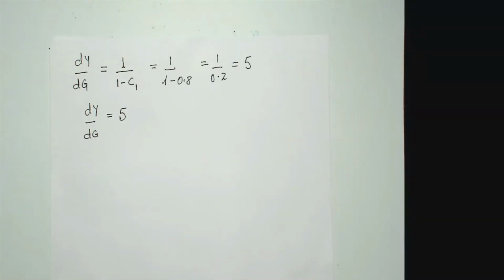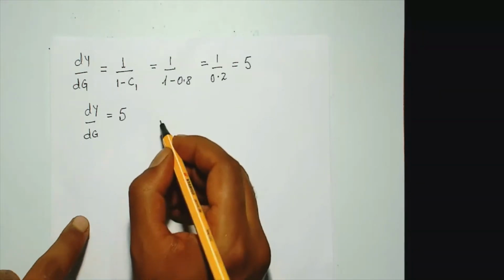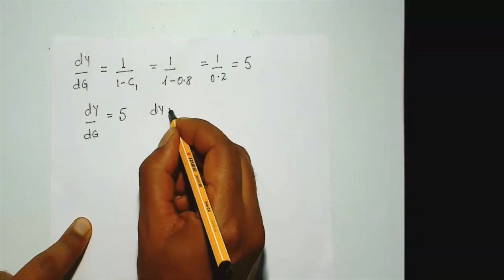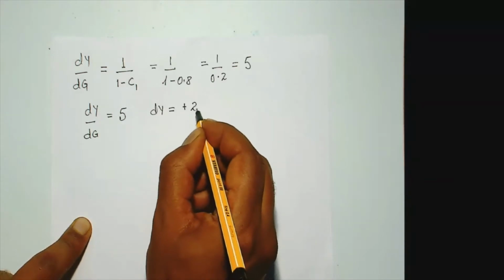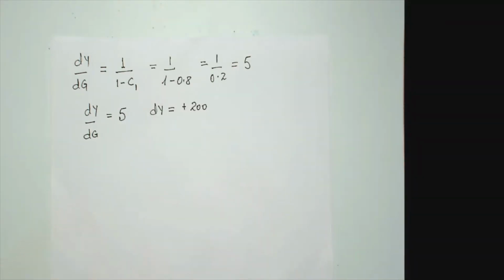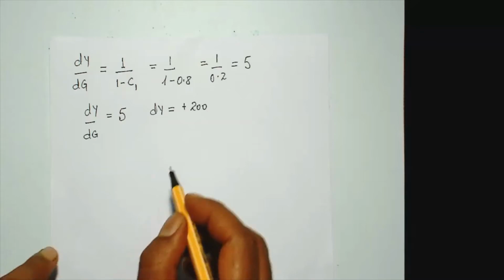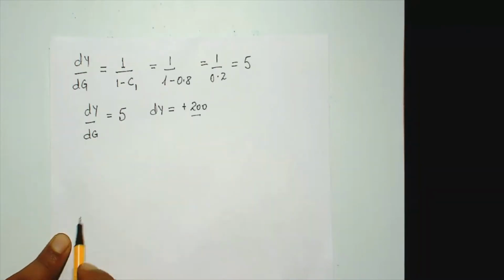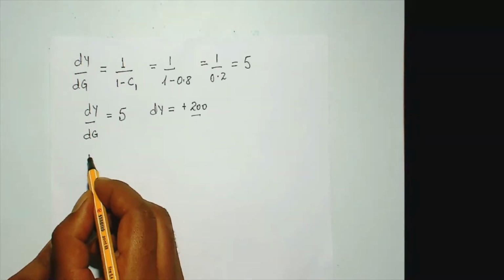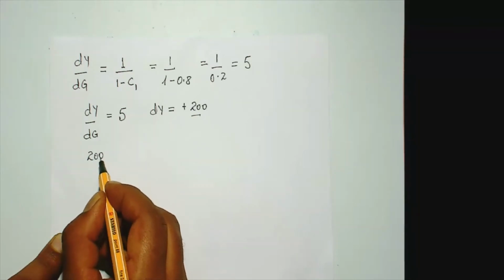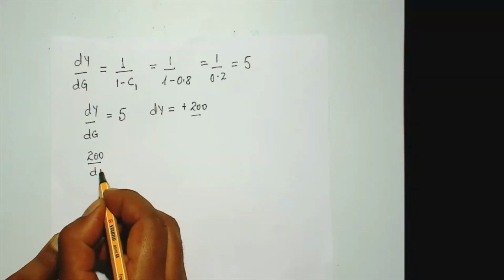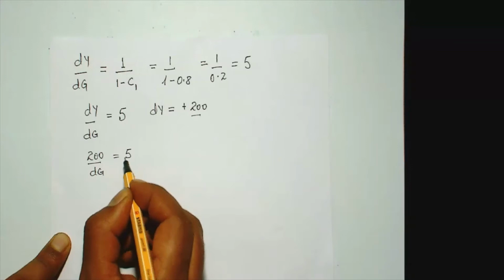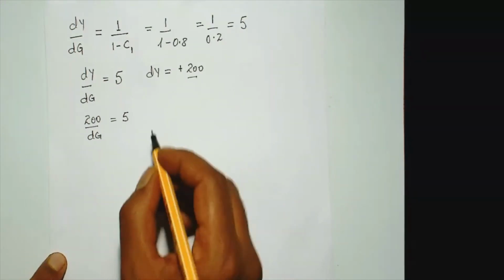We would really want to increase the income from 400 to 600, so this is again to say our dy is a positive 200 monetary value. So if I define this positive 200 in our formula, it would give me 200 divided by dg is equal to 5.